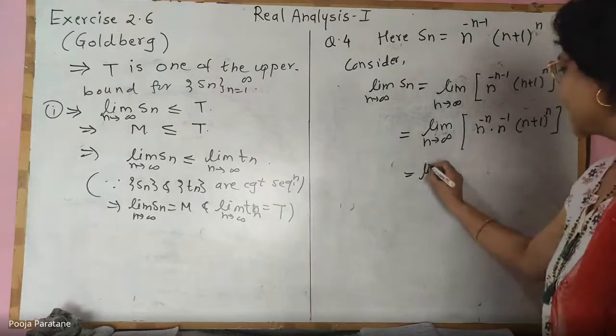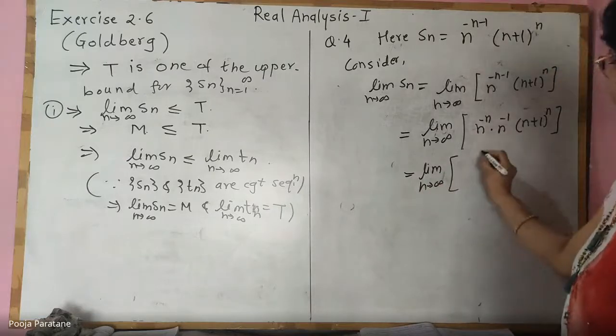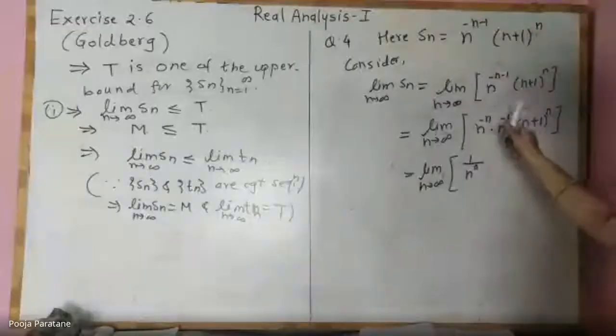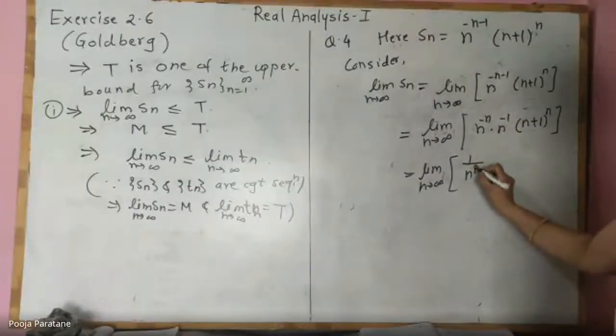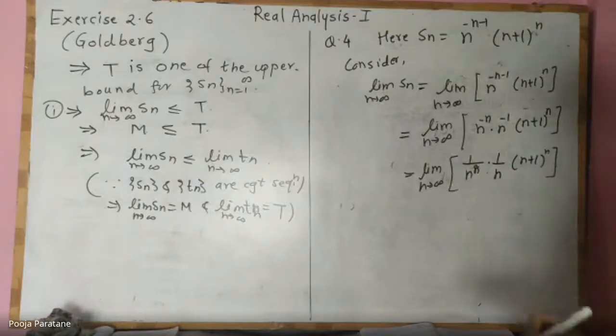So this is limit as n tends to infinity of 1 upon n raised to n, into, again, n inverse can be written as 1 upon n, and n plus 1 raised to n.